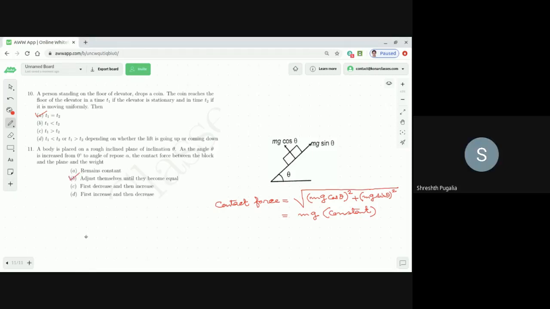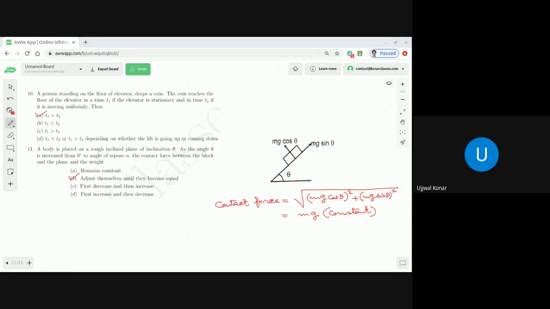Sir, shouldn't the contact force only be mg cos theta? No, because that's the normal reaction. The point is that a body is placed on a rough inclined plane of inclination theta. The angle theta is inclined from 0 to the angle of repose alpha, and the contact force between the block and the plane, right?